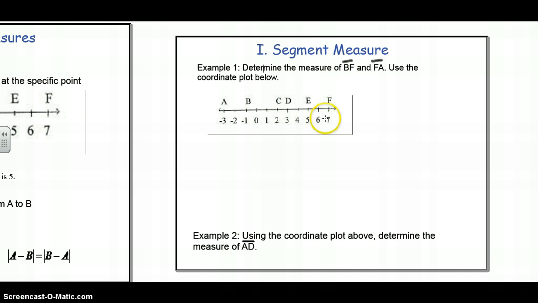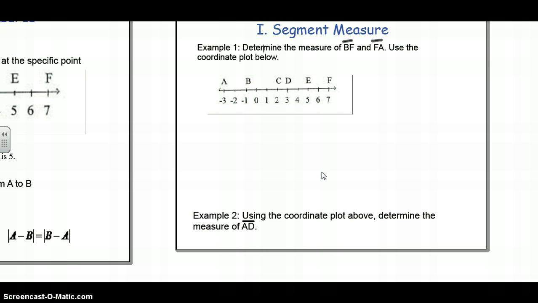And FA, between 7 and -3: if we did 7 minus -3, absolute value, that means the distance of FA is 10. Try on your own, using the coordinate plot above, to determine the measure of AD.